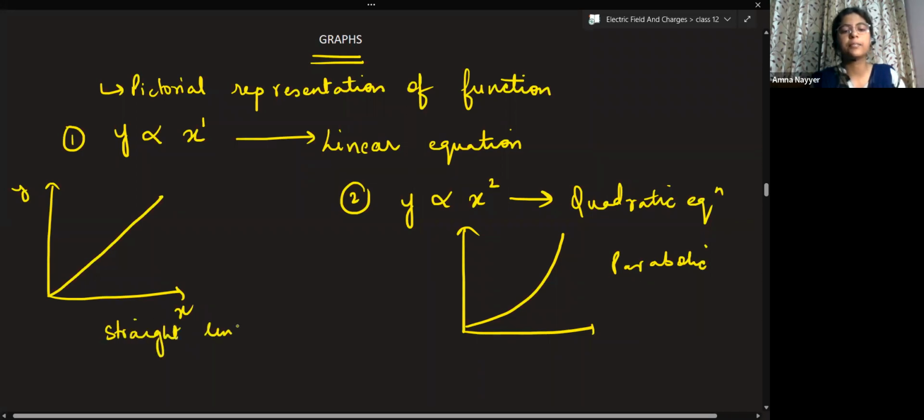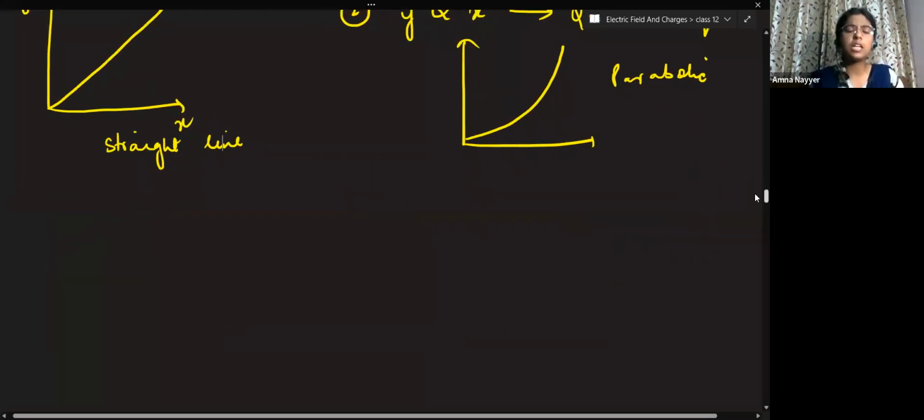One of the graphs that is left is when y is inversely proportional to x. In the previous cases y was directly proportional to x, and the difference came in the power of x.